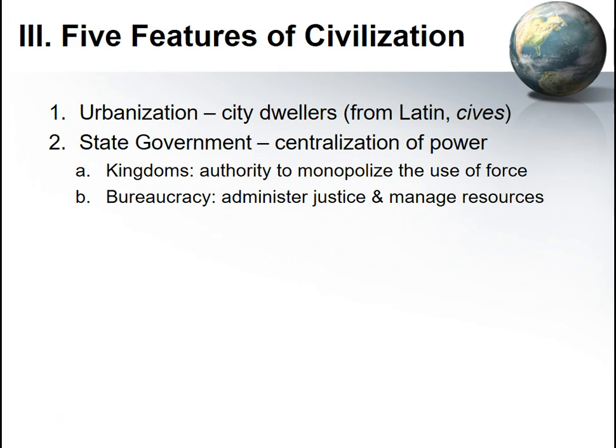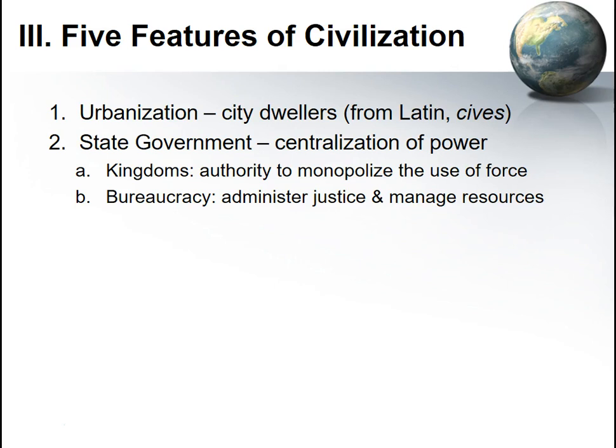So it's the bureaucrats who are administering justice in the name of the state. It's the bureaucrats who are managing resources and keeping track of who's paying their taxes and how those taxes are then redistributed to everybody else. So again, these two features are combined into what we call a state-level government.